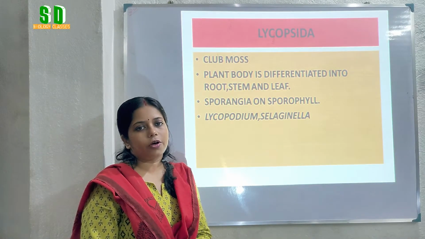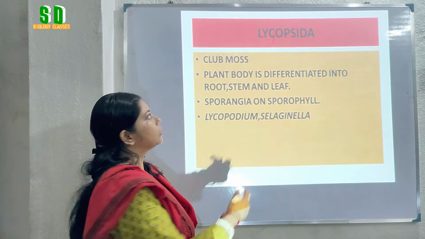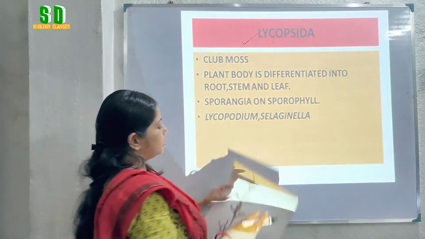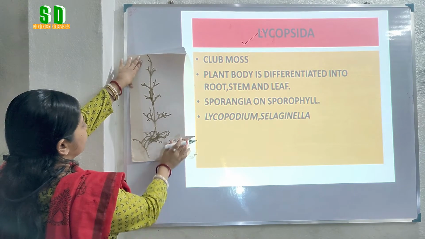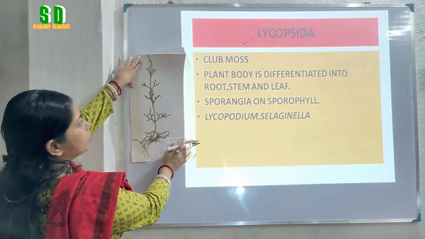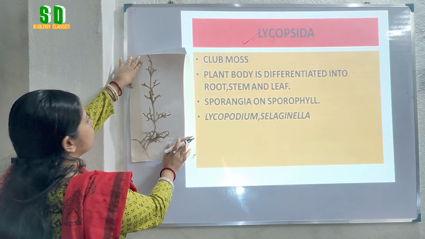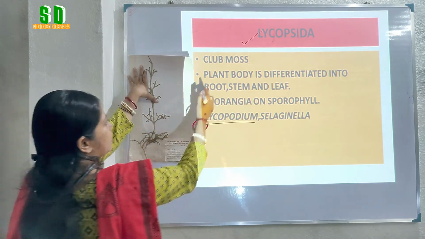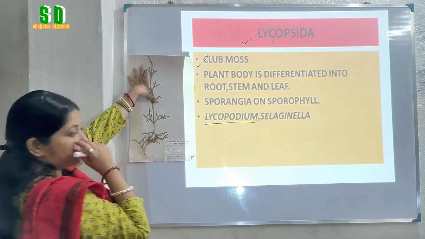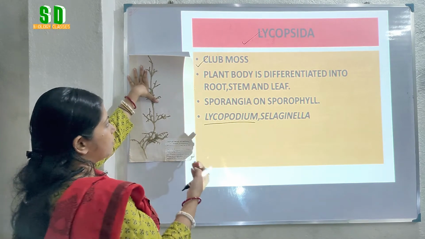Now another type of pteridophyta is Lycopsida. Here you can see the example of Lycopsida. This is the herbarium sheet of one of the members of Lycopsida. It is the Lycopodium. So they are commonly called clubmoss. All the members are commonly called clubmoss.